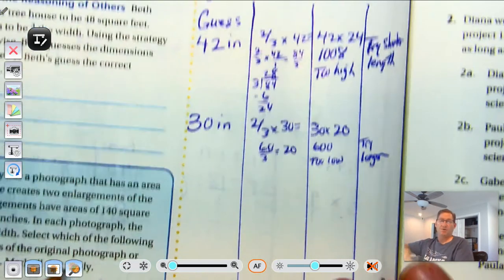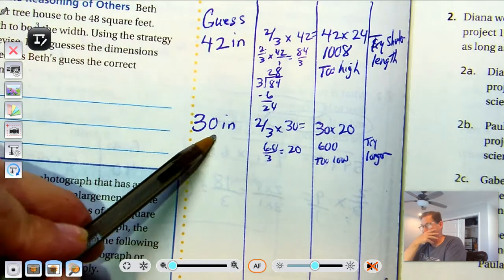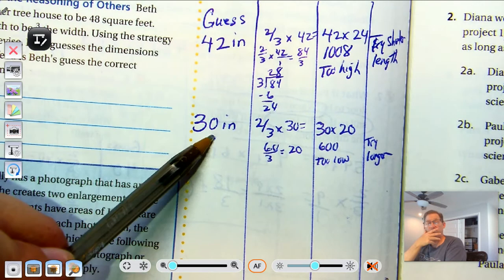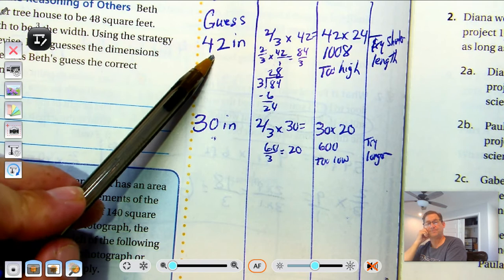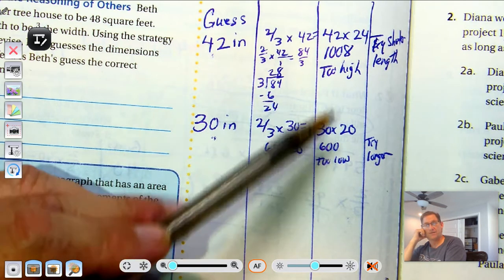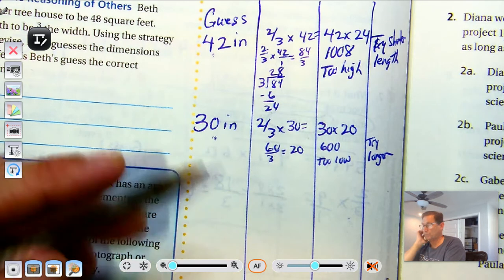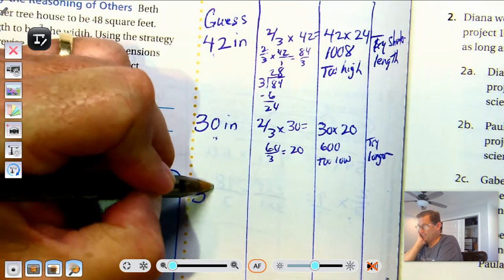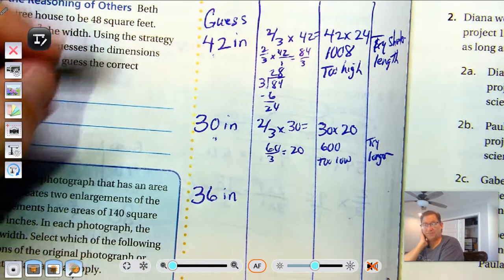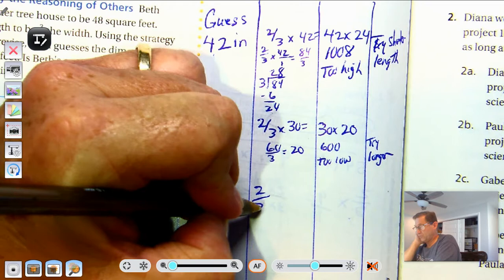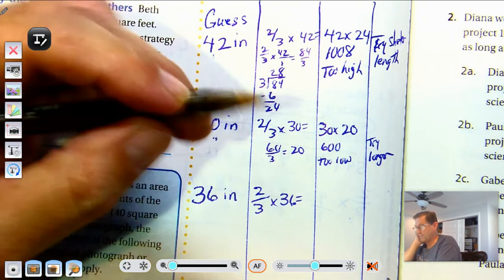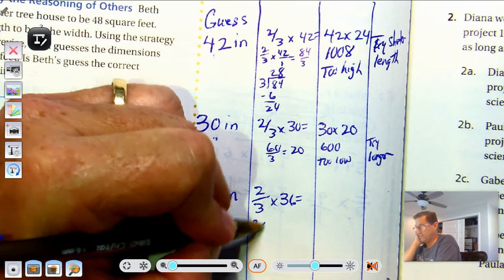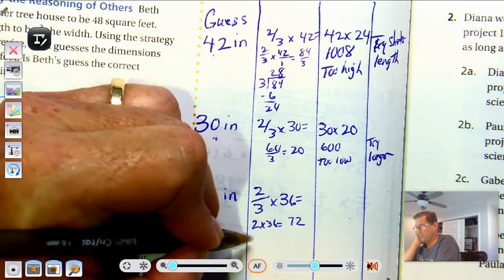All right. So 30 was too low and 42 was too high. But we're not that far off on either one. So let's go right in between. Let's try 36 inches. 2/3 of 36. 36 times 2 is 72.